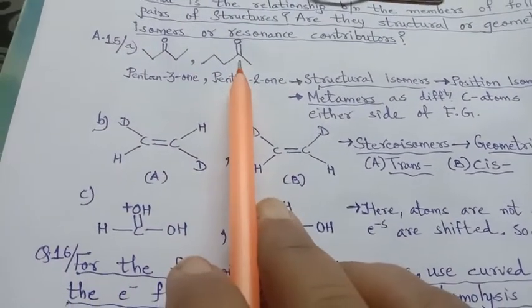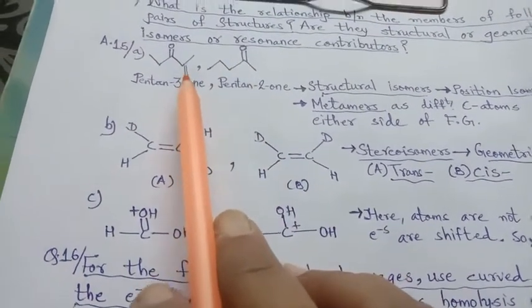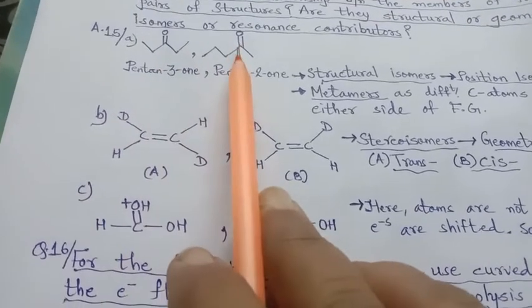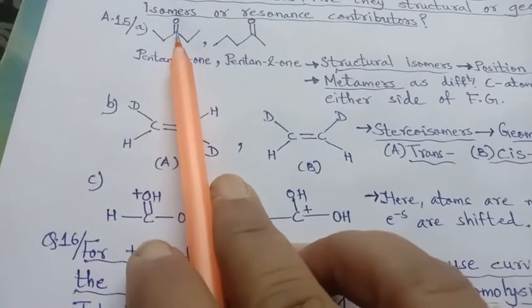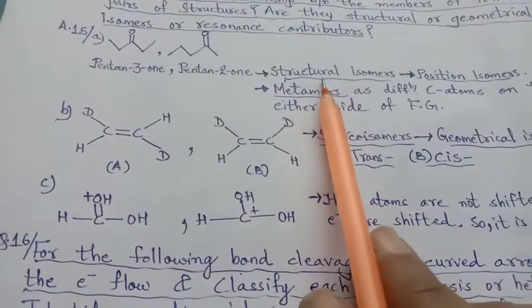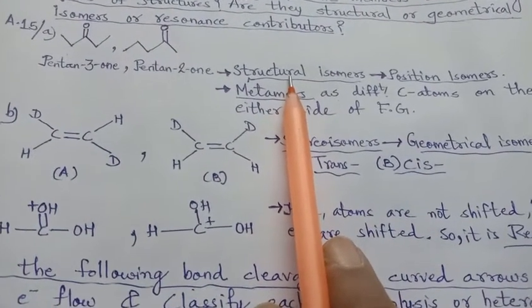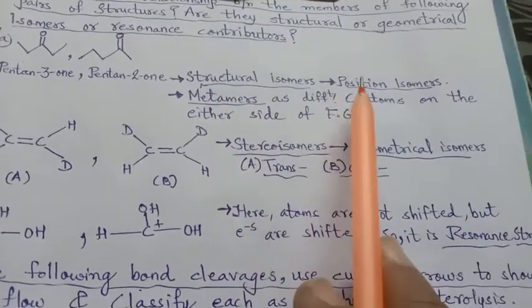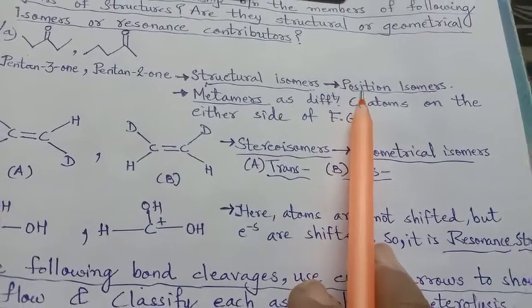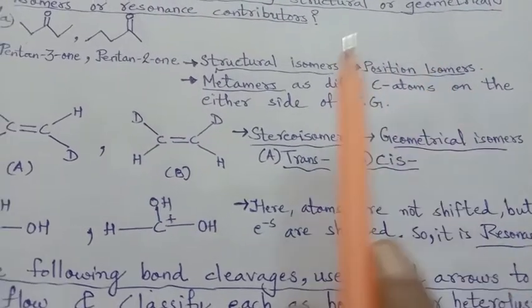Why position isomer? Because the position of the functional group in one structure is 2 and in the other it is on the third position. So the relation between these two is structural isomers, and as the functional group's position is different, it is position isomers.